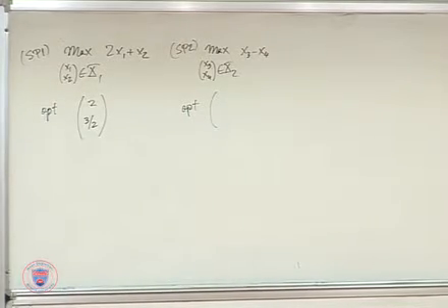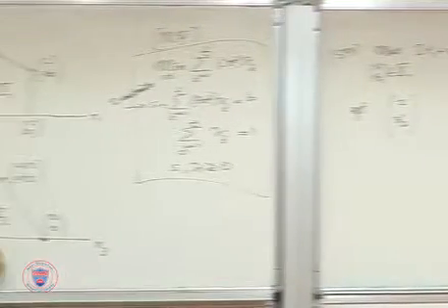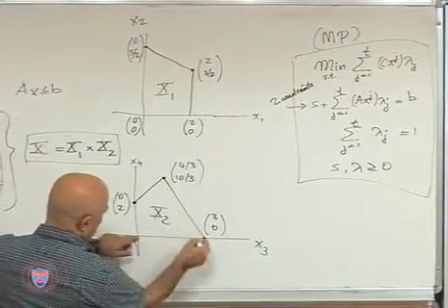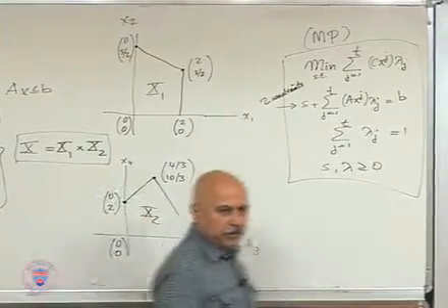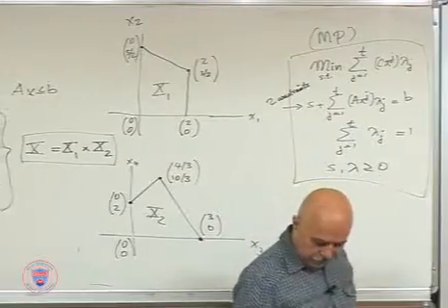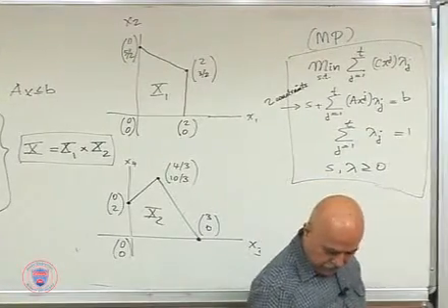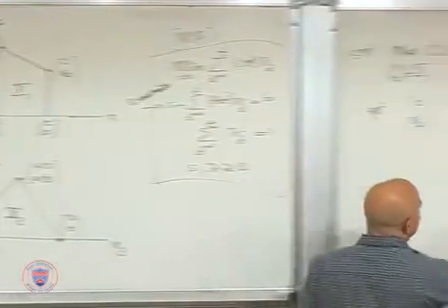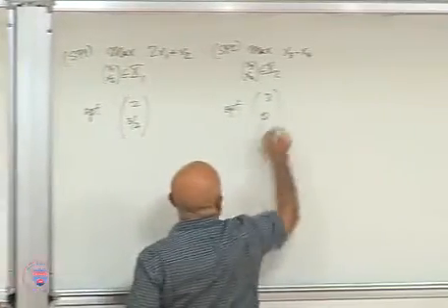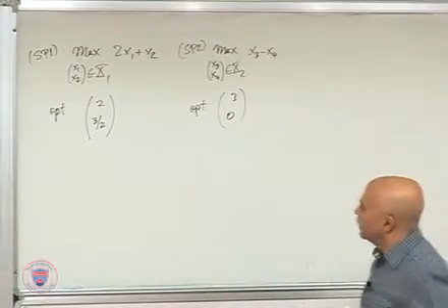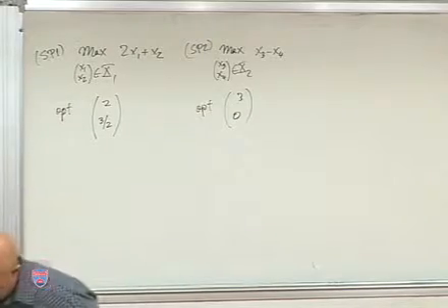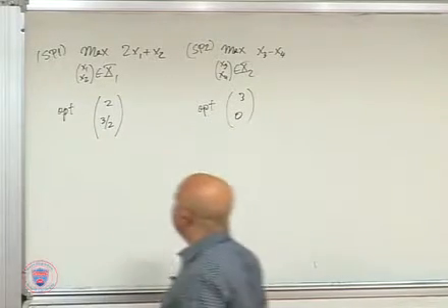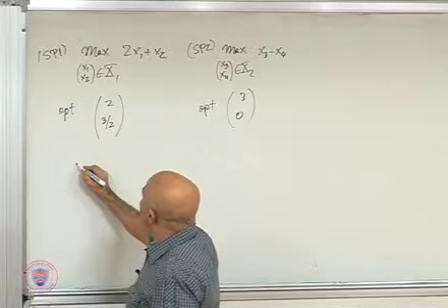It's 1, minus 1. So you have 3, 0 should be the optimum, right? Yeah, that should be the optimum. Let me just check this one. Yeah, it's correct.